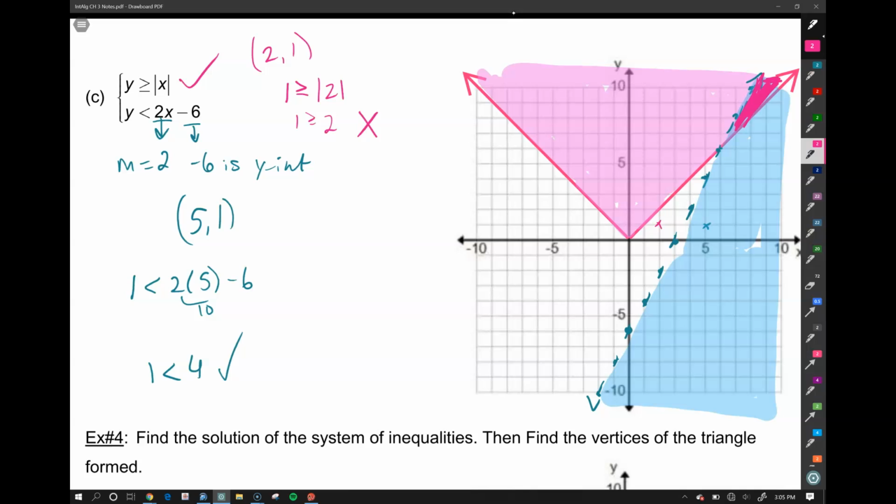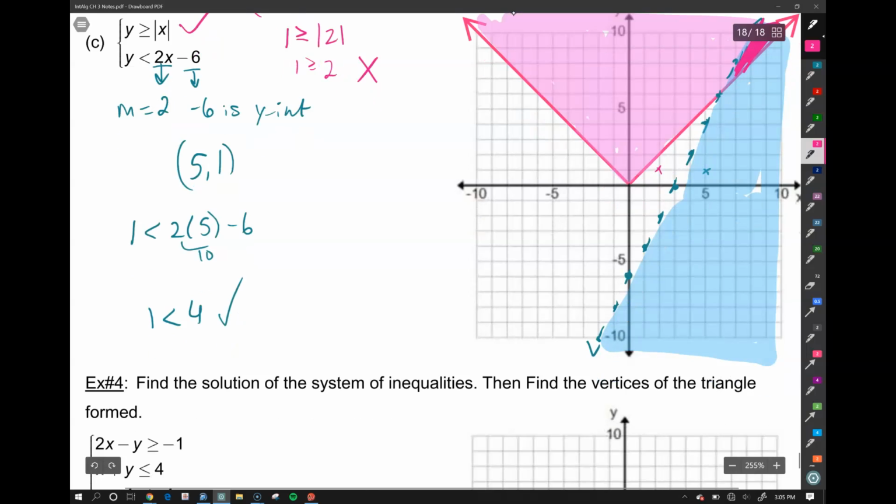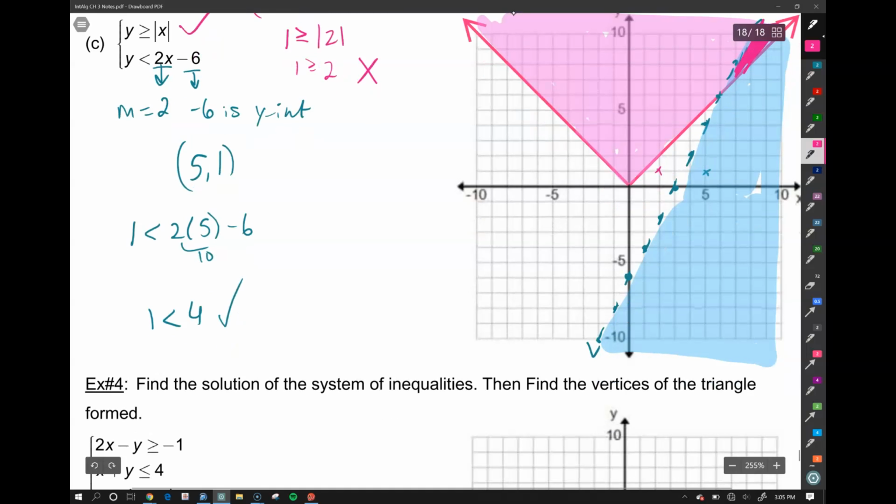And lastly, this is a good example to go through. We've been doing 2, but it's possible to have 3 or 4 or 5, infinitely many inequalities graphed on the same graph. I think I have you do one of these on your homework, finding vertices of the triangle. I'm not going to have you do it on the test.